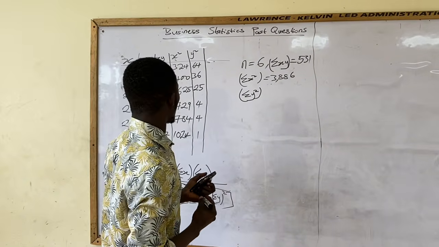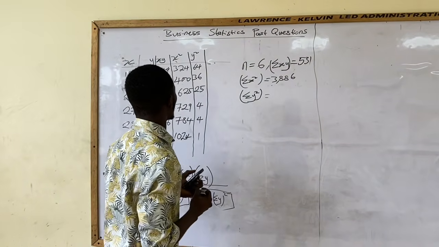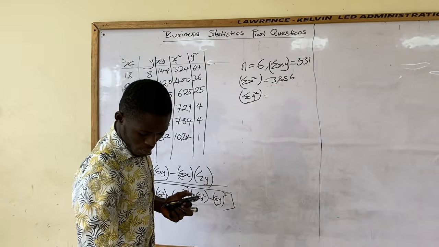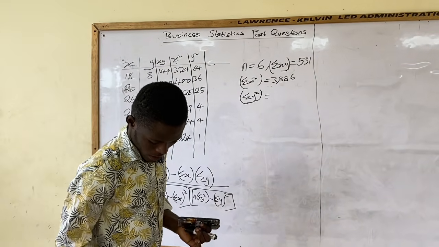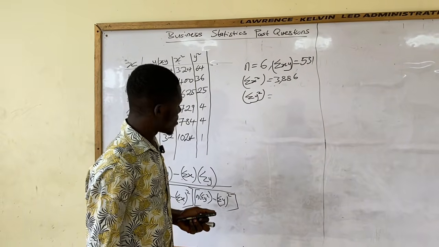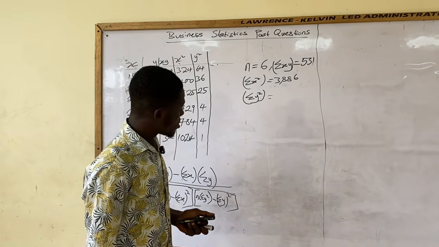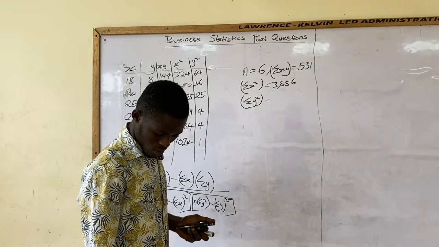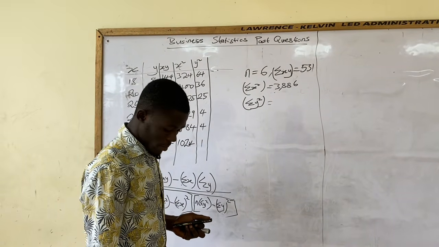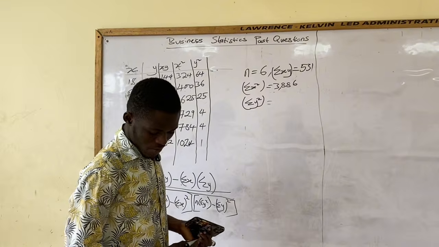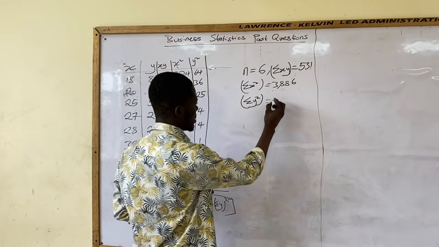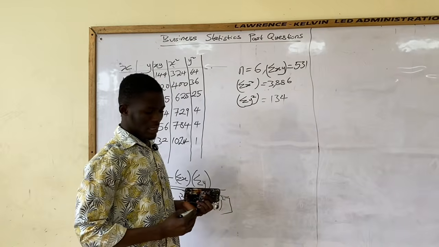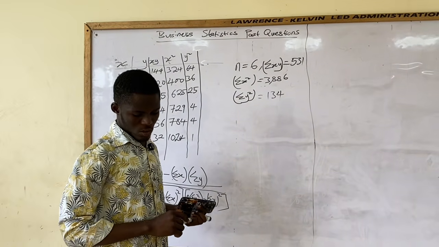The sigma y squared, we have 64 plus 36 plus 25 plus 4 plus another 4 plus 1, which will give us 134 as our sigma y squared.